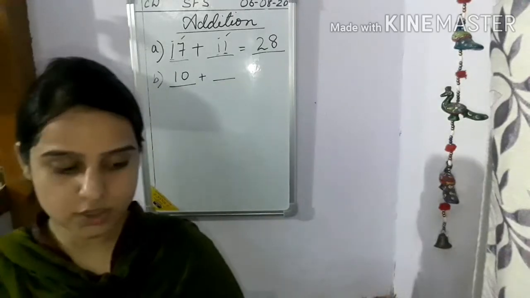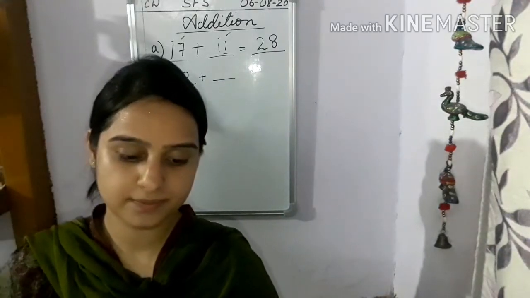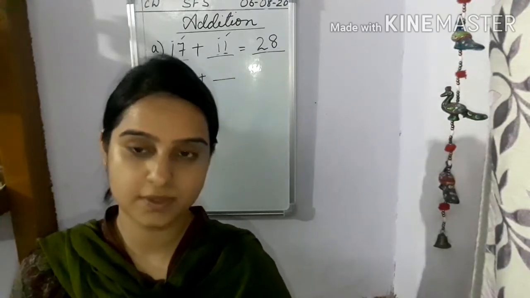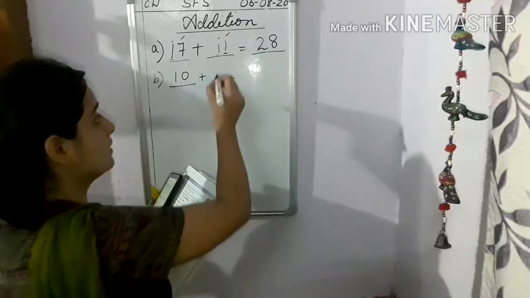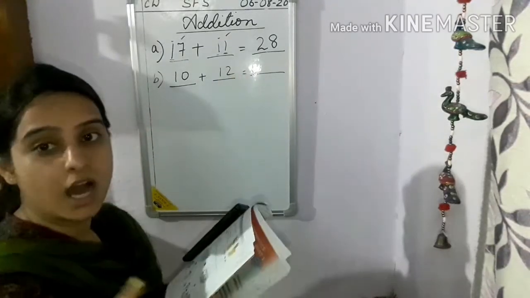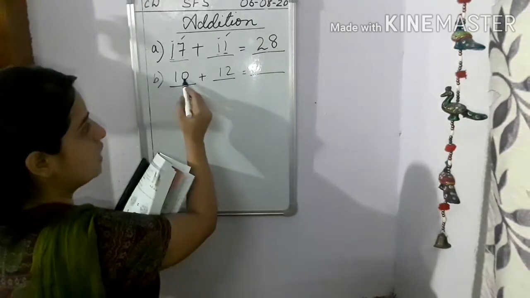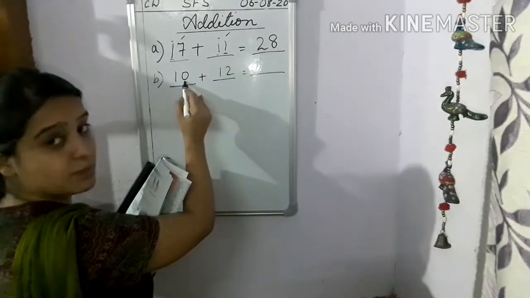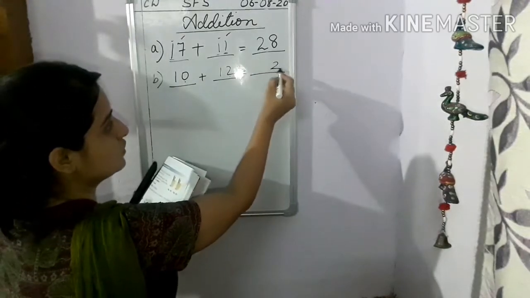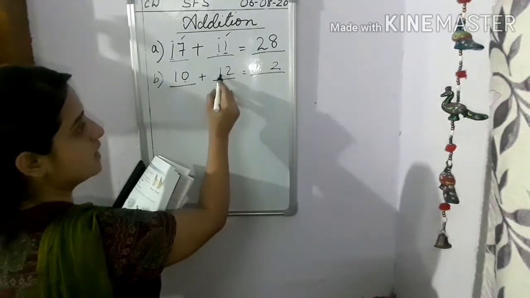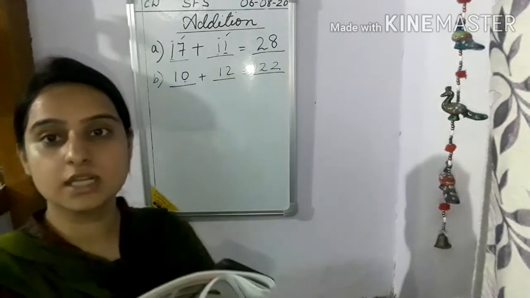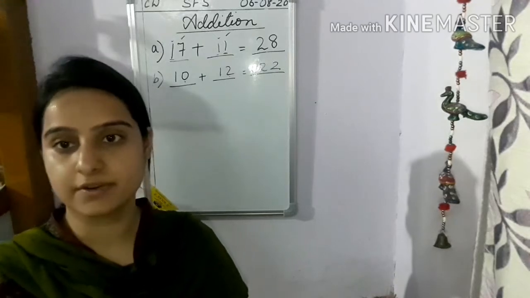And how many faces of girls are there, children? 12. So total how many faces are here? Again, how can you count? Count the digit in ones place. 0 plus 2, you get 2. 1 plus 1, you get 2. So that means total 22 faces are there.